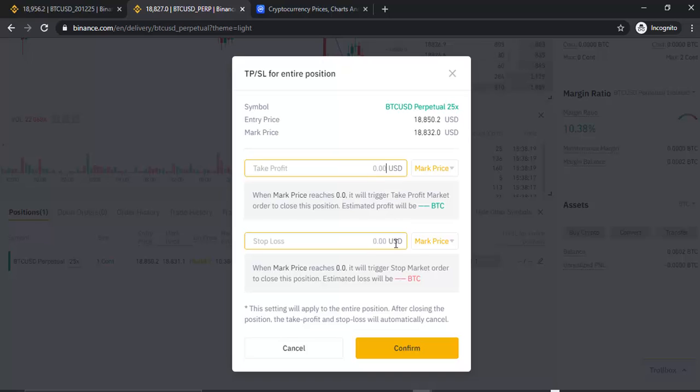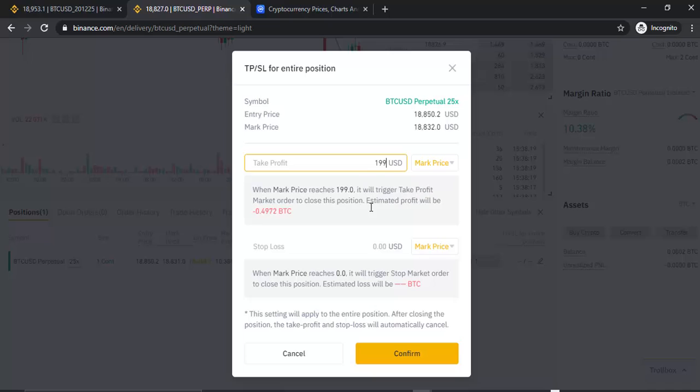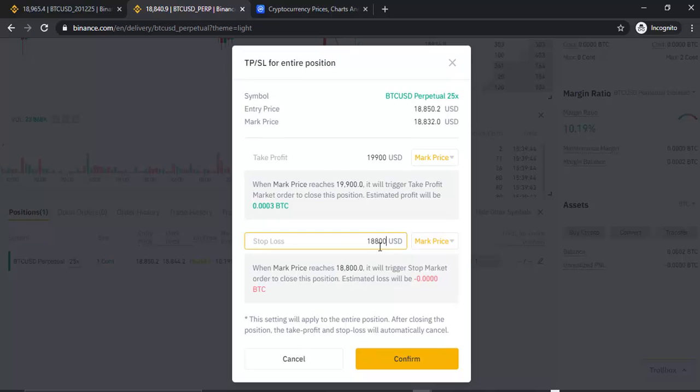So let's see, when do we take a profit? If the market price reaches, let's say, 19,900, let's take a profit. And also if the market price drops to 18,800, it will close our position.